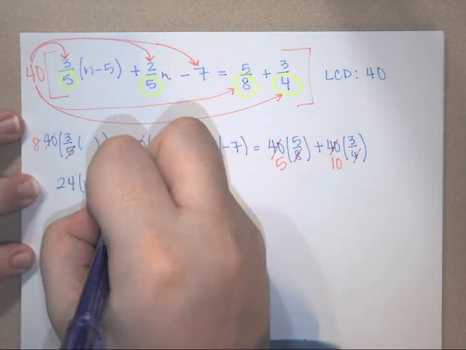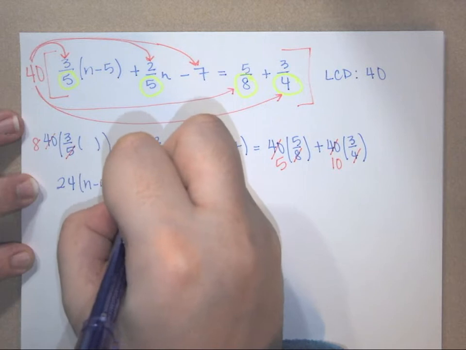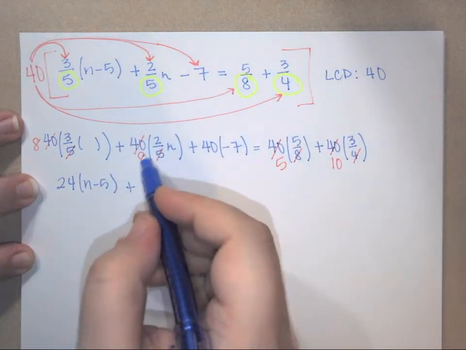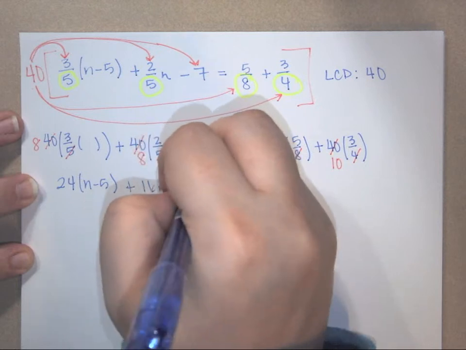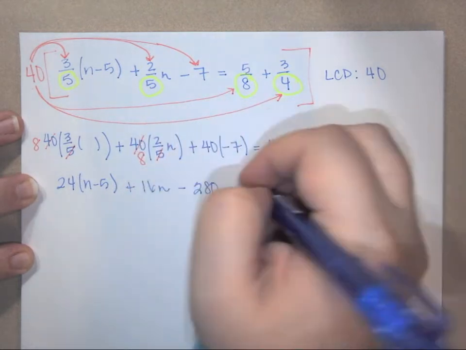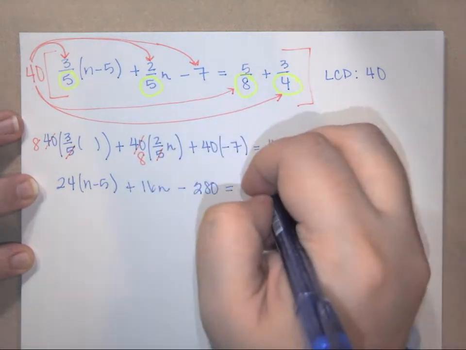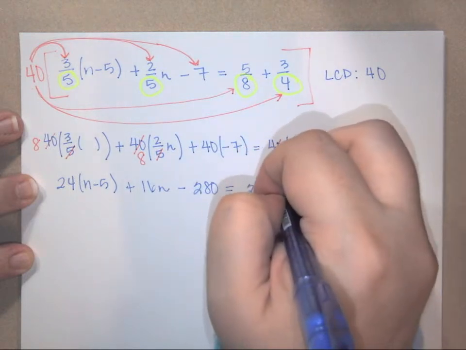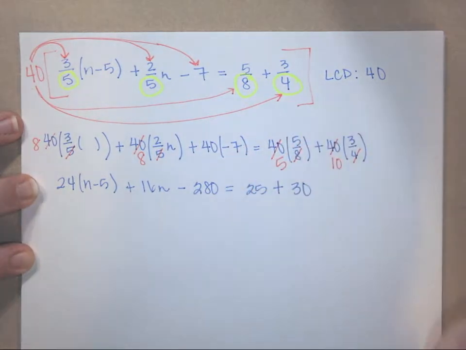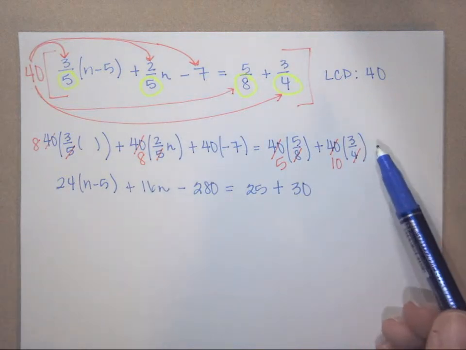And then here I'm going to have plus 16n, because 8 times 2. This is going to be minus 280 is equal to 5 times 5 is 25. And here this is going to be plus 30, 10 times 3 is 30.